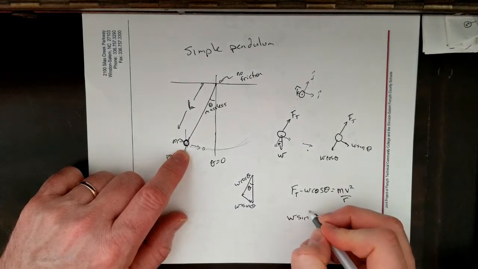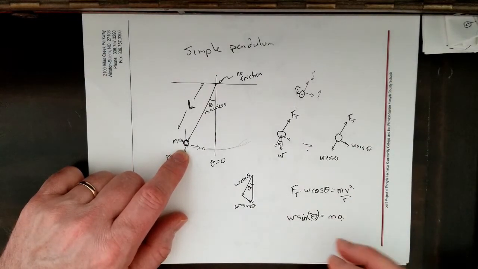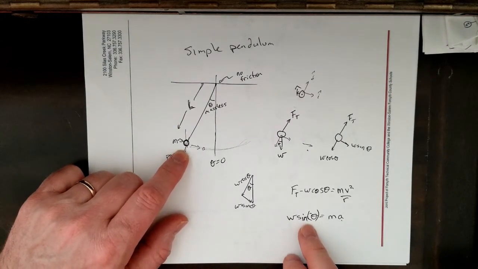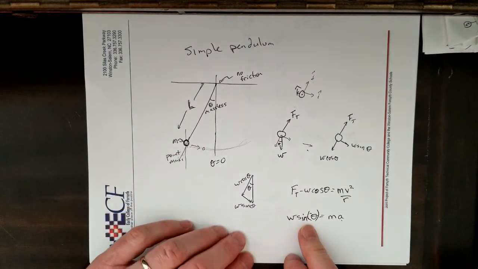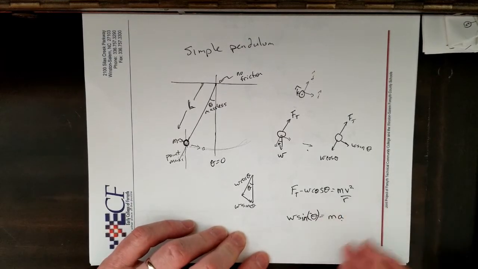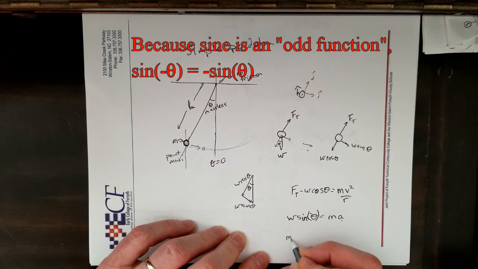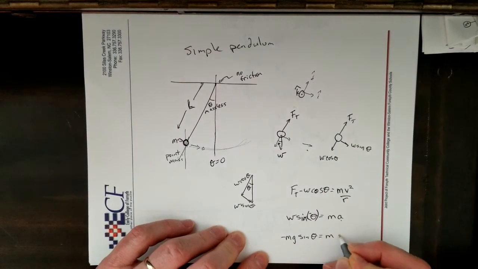So this is the sine of negative theta, because direction does matter here. Is equal to mass times acceleration. So negative mg sine theta is equal to mass times acceleration.